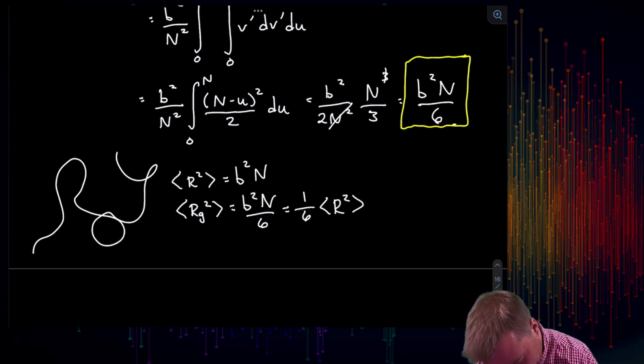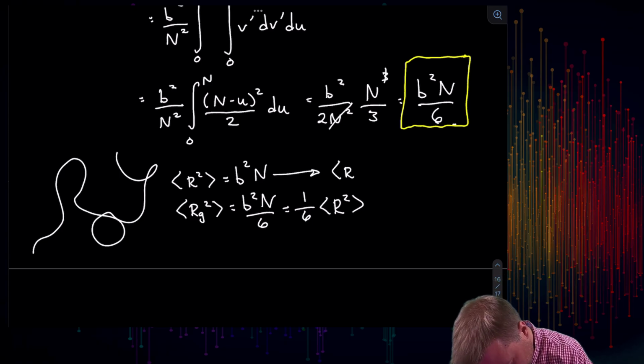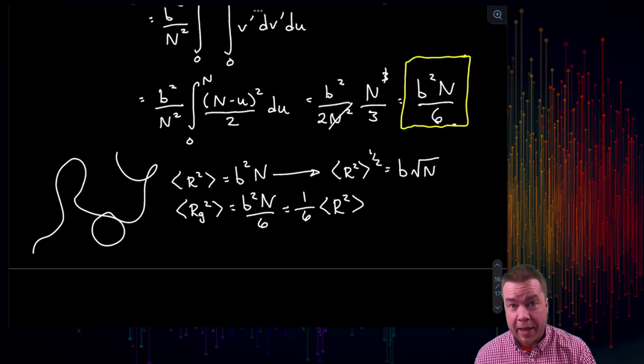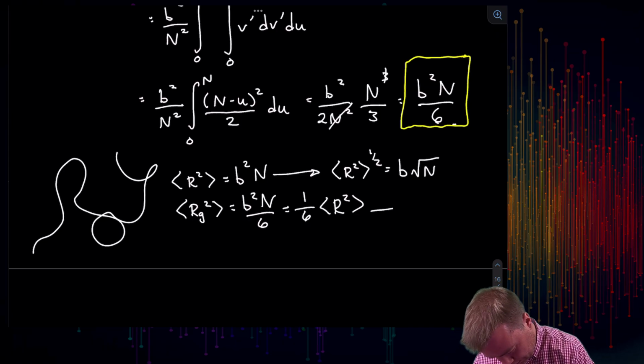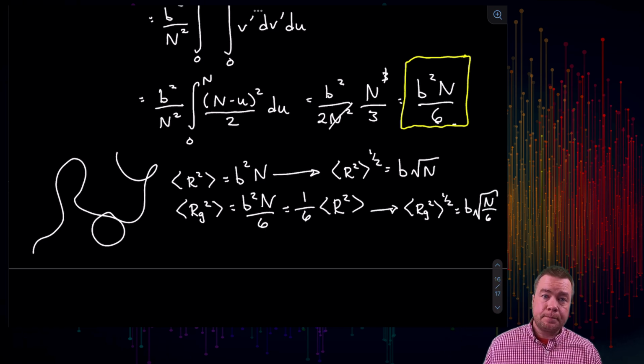And we could take the square root, right? So we could get the root mean squared. R squared to the 1/2 would be b root n, and the root mean squared radius of gyration would be b square root of n over 6.